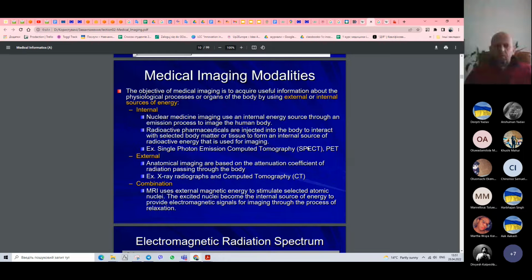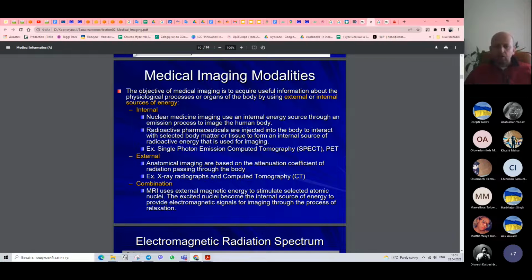The objective of medical image modalities. The objective of medical imaging is to acquire useful information about the physiological process and organs of the body by using external or internal sources. We will continue with internal: nuclear medicine imaging uses an internal energy source through an emission process to image the human body.